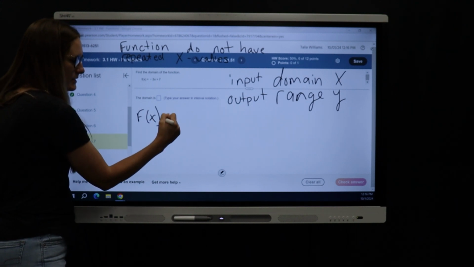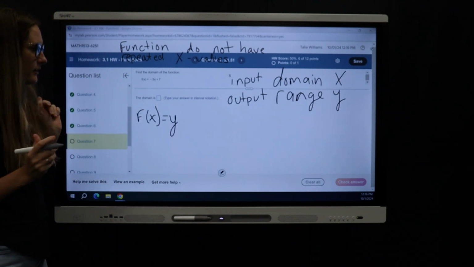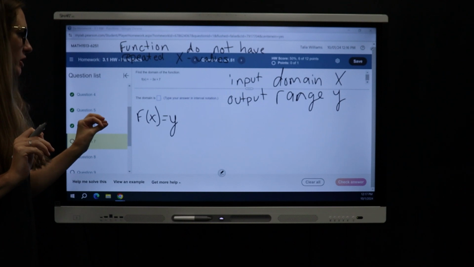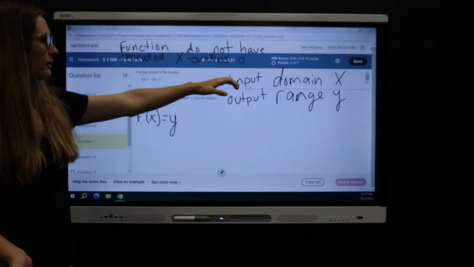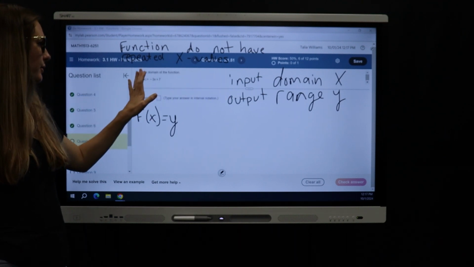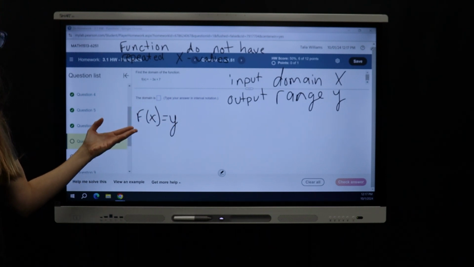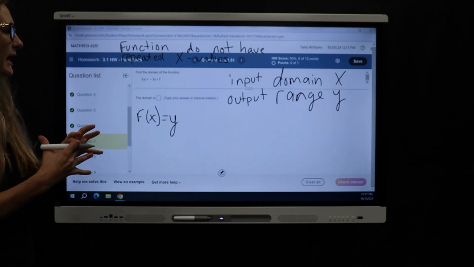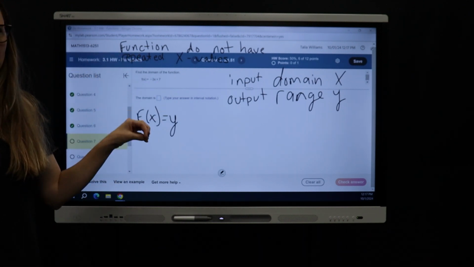This f of x is the same as a y, like it's an equation, but we write it f of x so that it's this function that represents all of the values you can put in it. It represents all of the input, all the x values I put into this graph would get that output value, that y value. So we use this function to represent the entire line, the entire graph, where y equals it is just an equation.